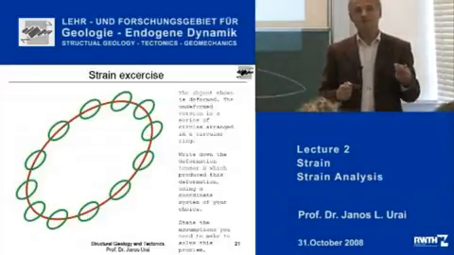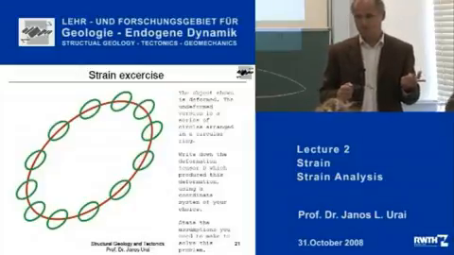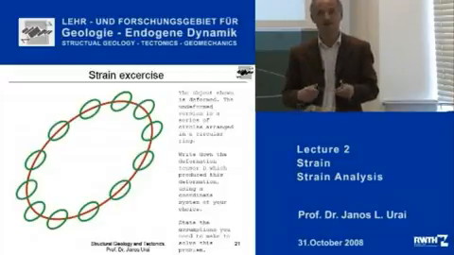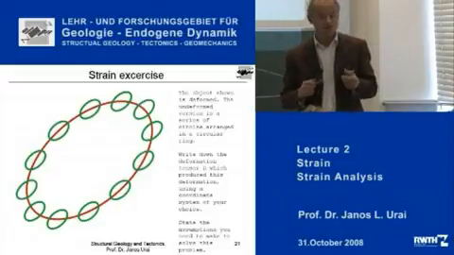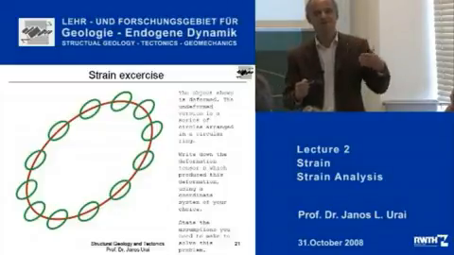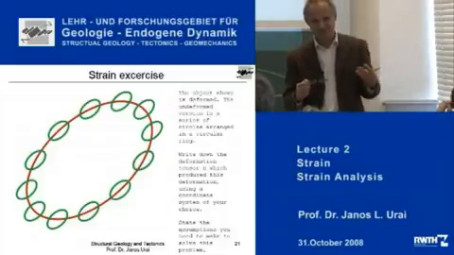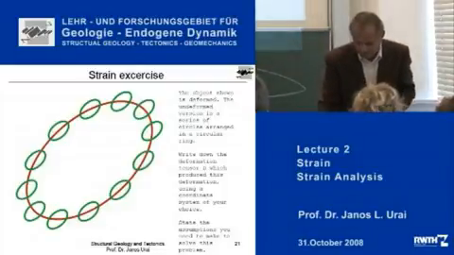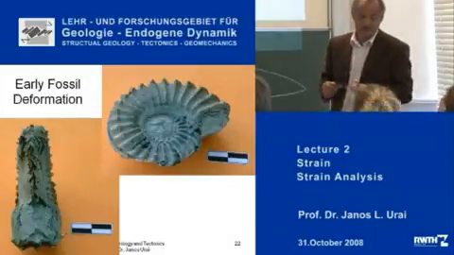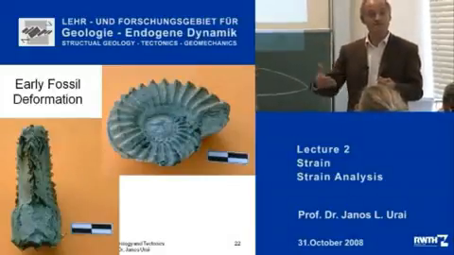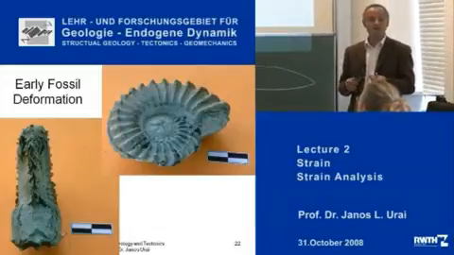So how do we go about measuring strain in rocks? Well, just like the Mickey Mouse and just like my own face that I've shown you, you need to have something that allows you to know what it used to be. You need to have an object which you can recognize. So of course one thing is fossils. If fossils get buried in the earth, then they will start to deform.